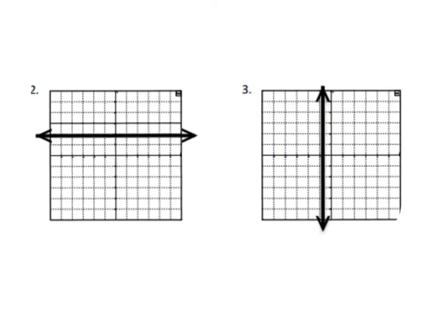Example number 2. You see here on example 2 that it is a horizontal line. This line does not go up or down. So if we use rise over run, if this graph does not go up or down, it has 0 rise. And then the run of this graph, we could just place a point here and a point here, so it goes over 2.